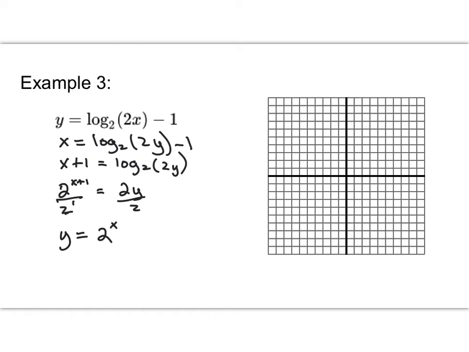And we've already graphed this one, but let's go ahead and do it anyways. 2 to the 0 is 1. So I have a point at (0, 1). 2 to the first is 2, so I have a point at (1, 2). 2 squared is 4, so I have a point at (2, 4).